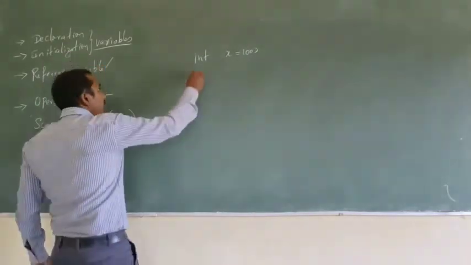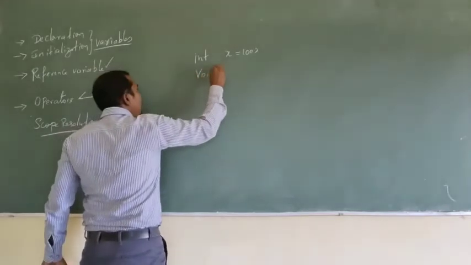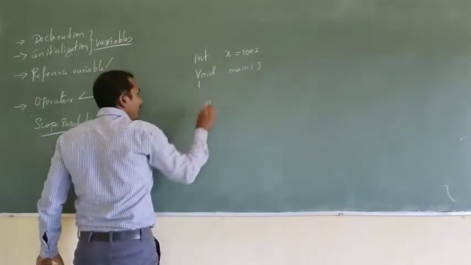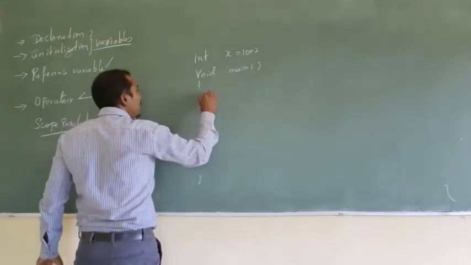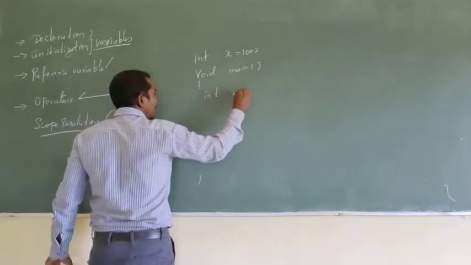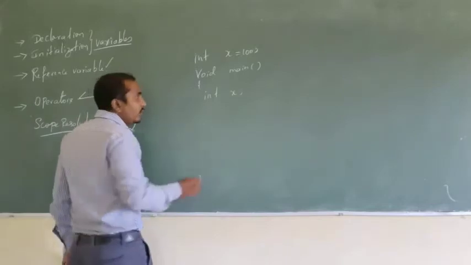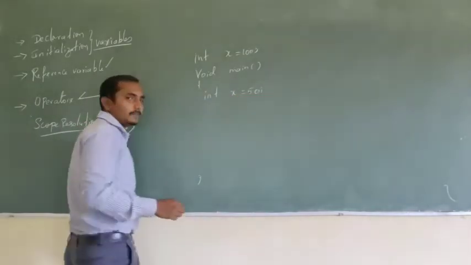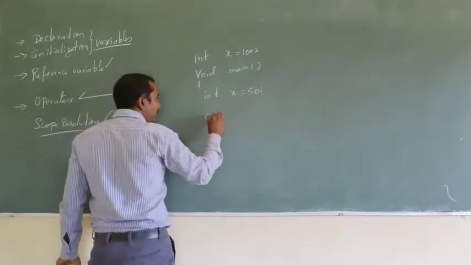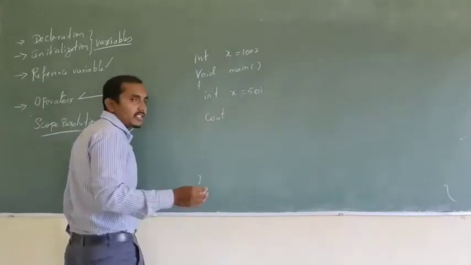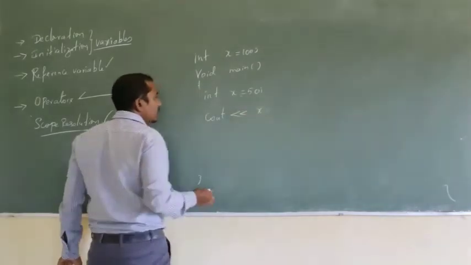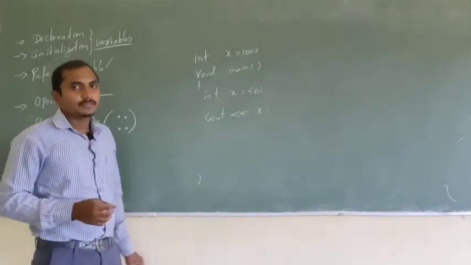After that I define void main, and inside it I define integer x and assign the value 50. Suppose I try to print with a cout statement, writing x. Now what will be the output of this?